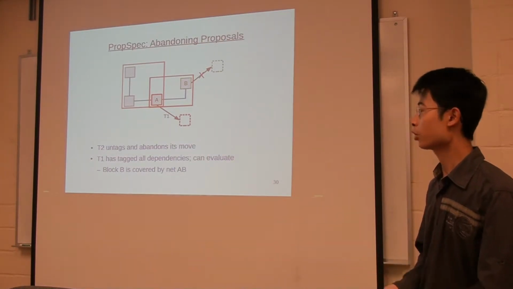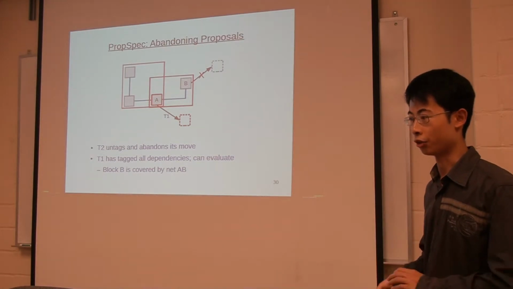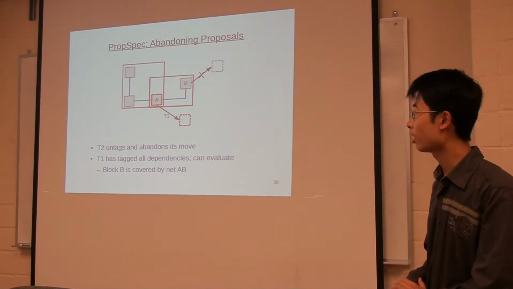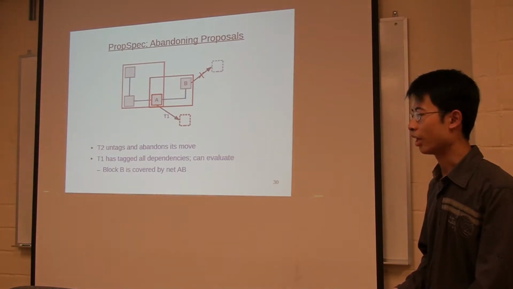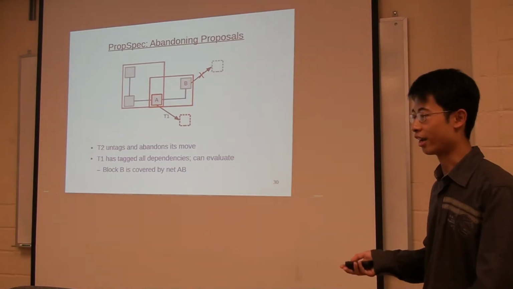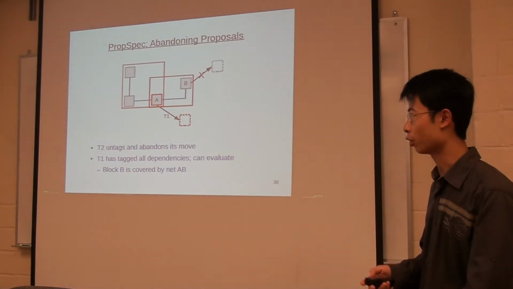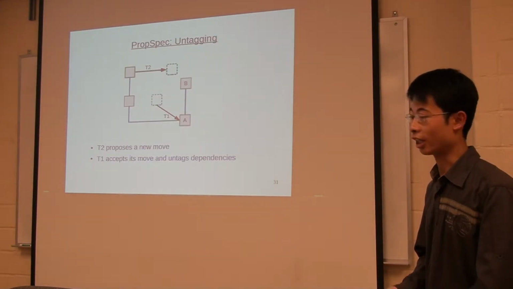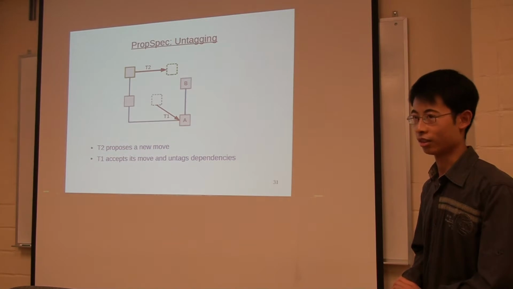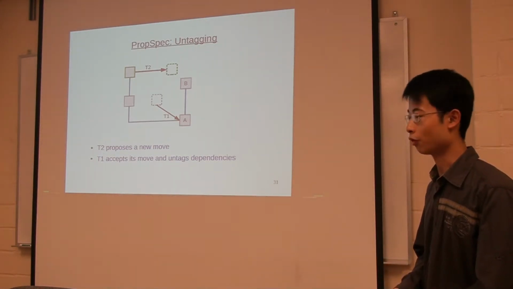Well, thread 2 would also want to tag it, but since thread 1 has grabbed it already, thread 2 has no choice but to abandon its move, untag its dependencies, and try something else. And in the meantime, thread 1, having tagged all of the block, the target location, and all of the nets that it will affect, can safely evaluate its move. And like before, when a thread encounters a conflict, it simply proposes a whole different move to avoid getting into livelock again.